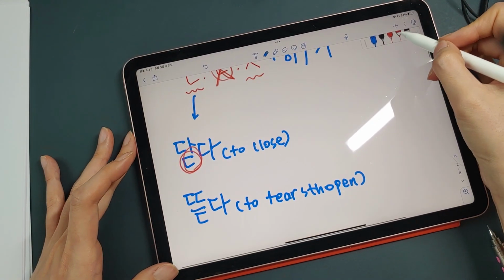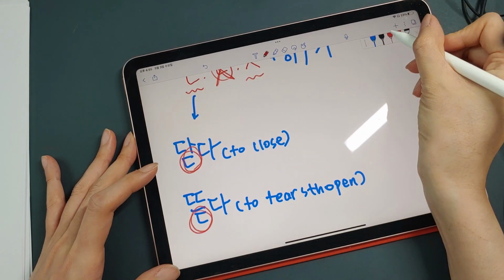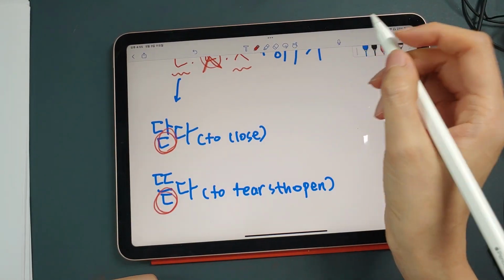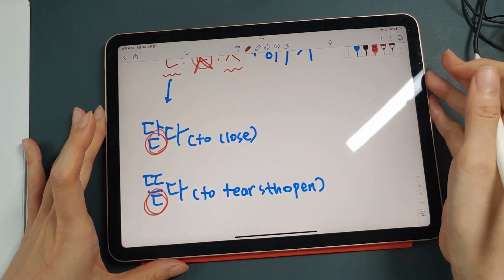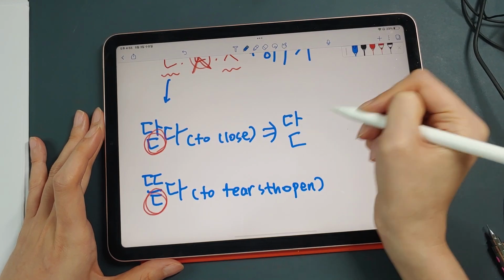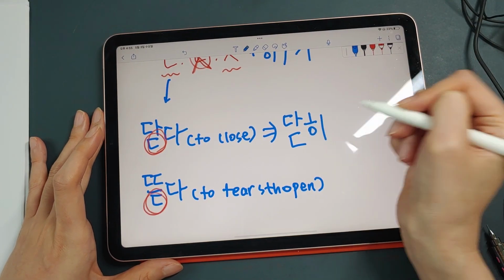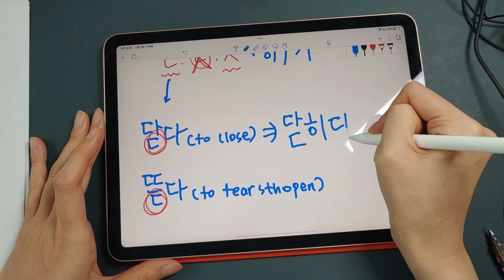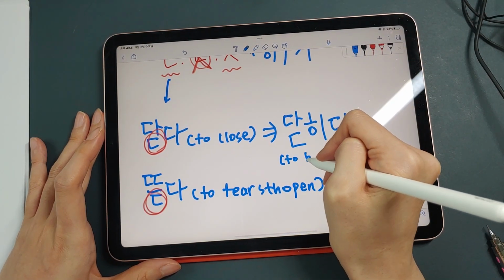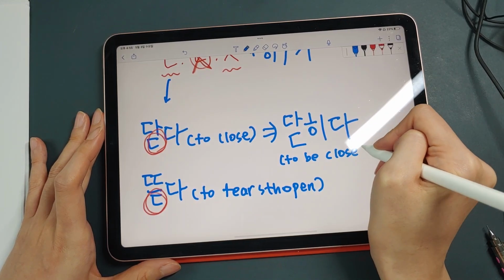And they both end in 디귿 받침. However, they follow a different suffix when turned into a passive verb. So for 닫다 to become a passive verb, you need to add 히. 닫히다. So 닫히다 means to be closed.